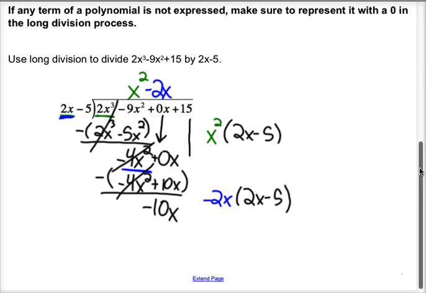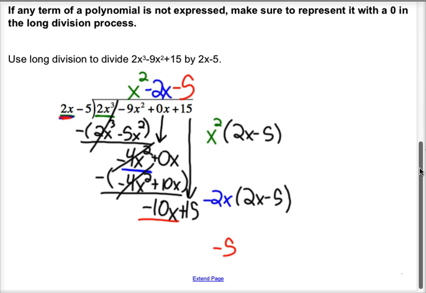Now I'm going to bring down that 15. And now one last time, I'm going to see if I can make this process work. So negative 10x, I need to cancel that using 2x. Well, how can I do that? 2x times negative 5 gives us a negative 10x.